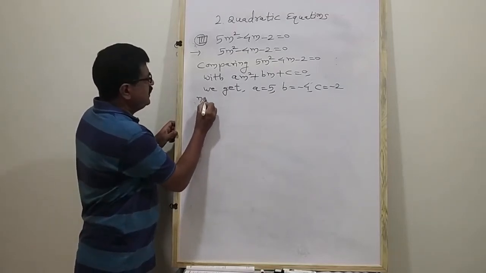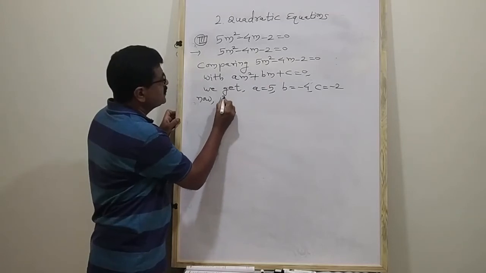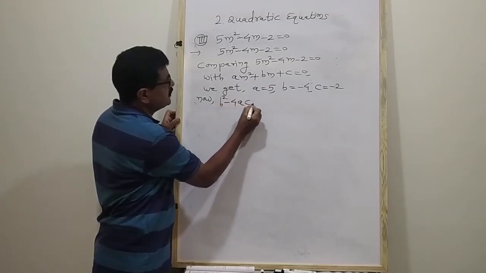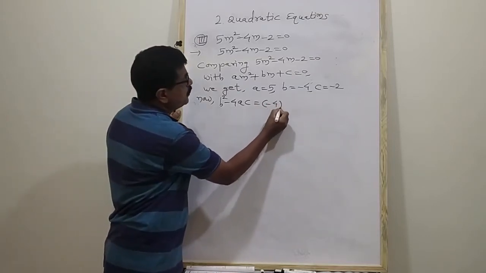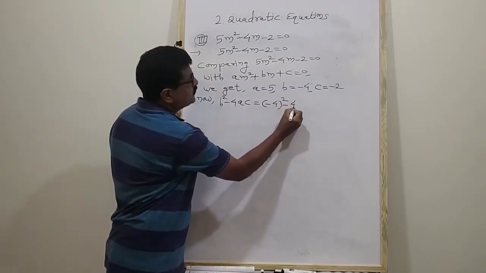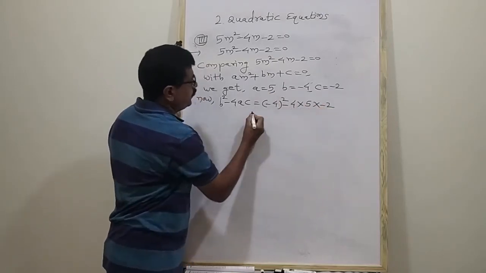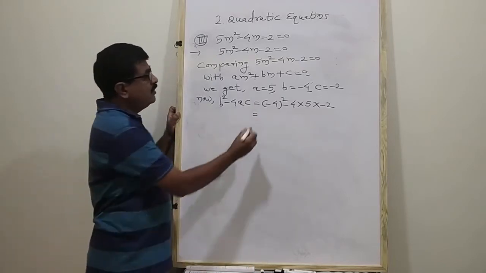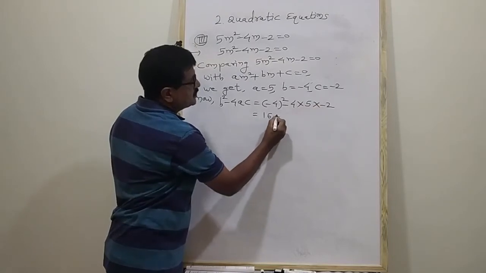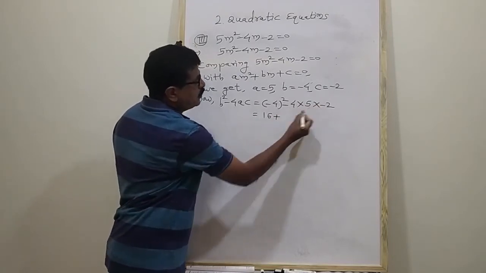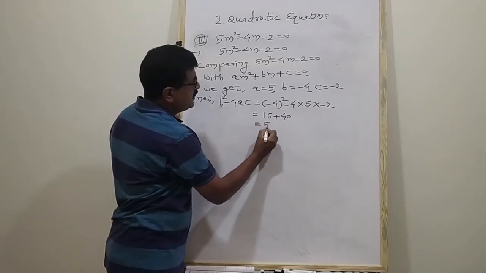Now second step is find the value of b square minus 4ac. Now b square minus 4ac is equal to, put value of b is minus 4, whole square, minus 4 into a is 5, into c is minus 2, is equal to minus 4 square is 16, minus into minus plus, 4 into 5 is 20, into 2 is 40, therefore is equal to 56.